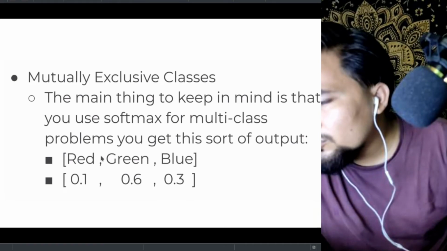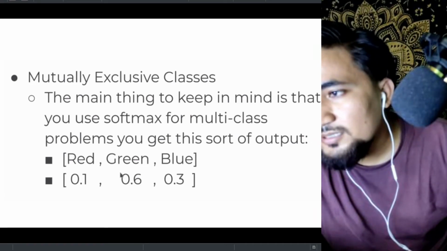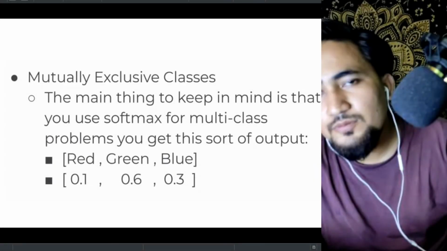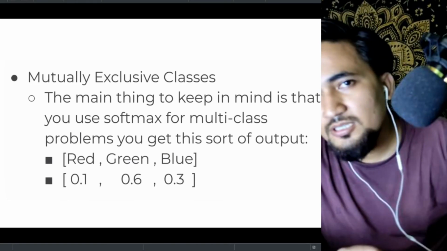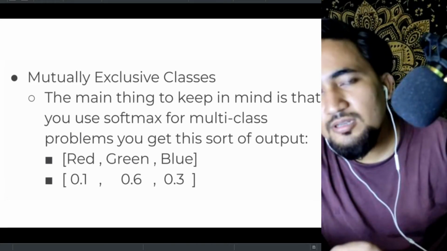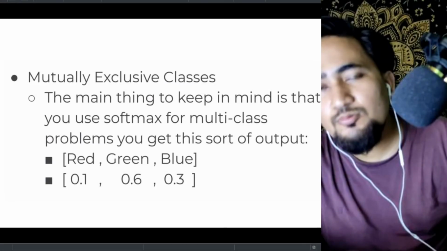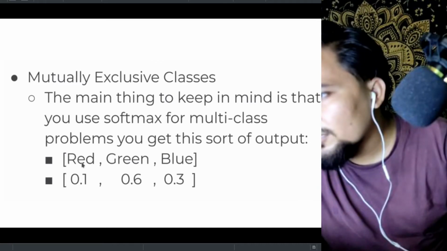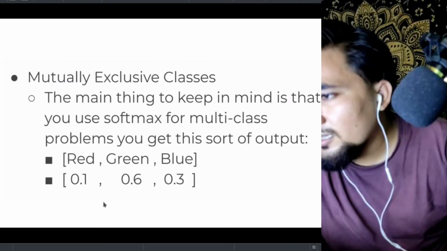So we'll choose the target class as green. Why? Because the probability of green class has the highest value. As we said before, the summation of all the output from respective nodes in a single neural network will give the value 1 while we use softmax function in mutually exclusive cases. We can see here when we add 0.1, 0.6 and 0.3, we'll get the output as 1.